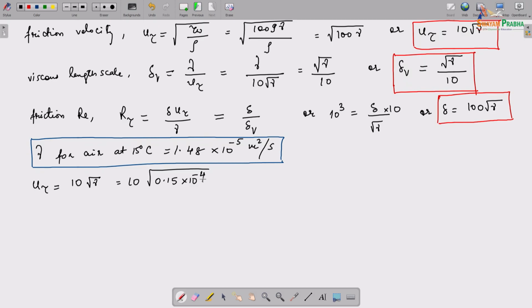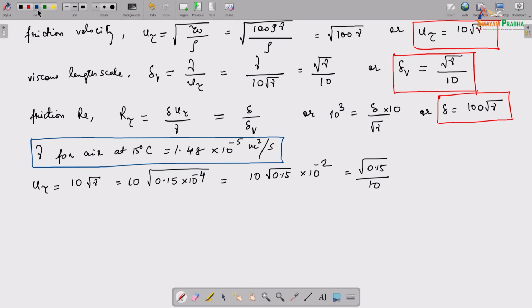So, then this is actually equal to, okay. Or you can say this is equal to this. Okay.